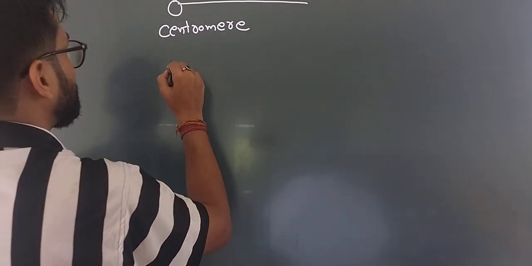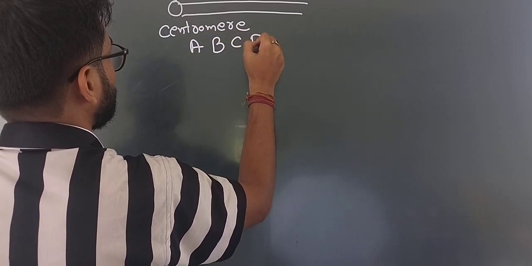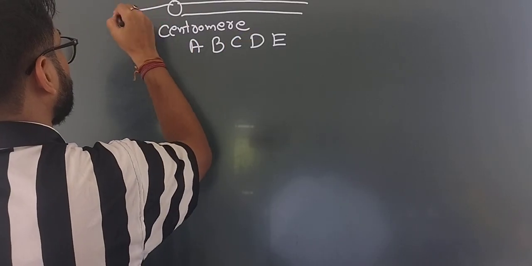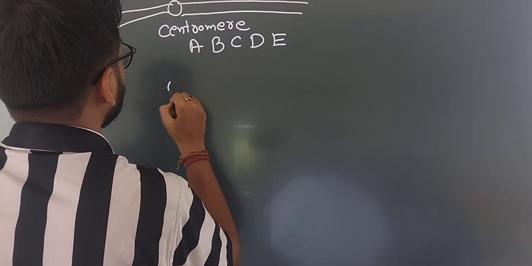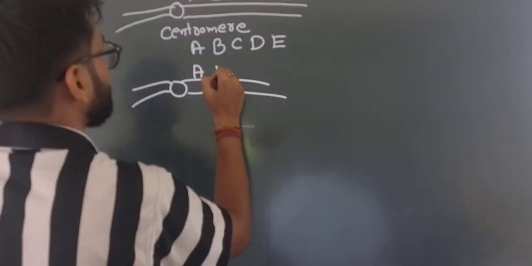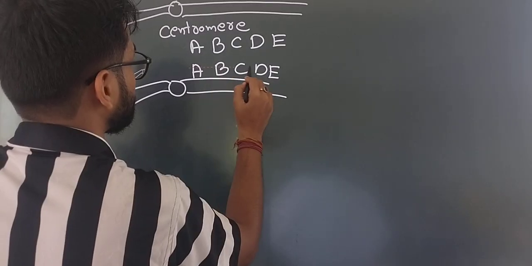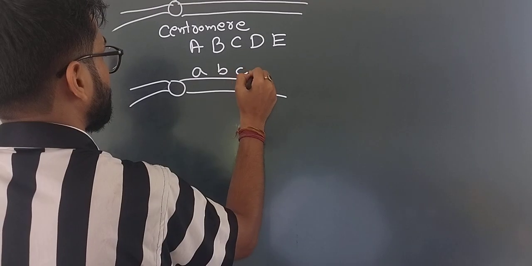What happens is that during the crossing over, this is also a site, and during the crossing over, this will also be the same, or to make it very clear, it can be this one, so that it is easier for you to understand, right?